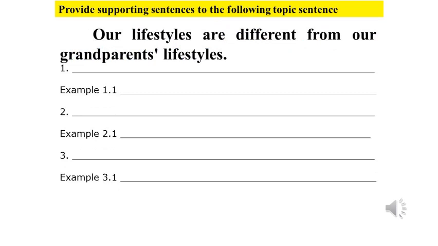Okay, dear students, let's move to this activity. The activity here is to provide support sentences to the following topic sentence. The topic sentence here: our lifestyles are different from our grandparents' lifestyles. There are differences between our lifestyles and our grandparents' lifestyles.